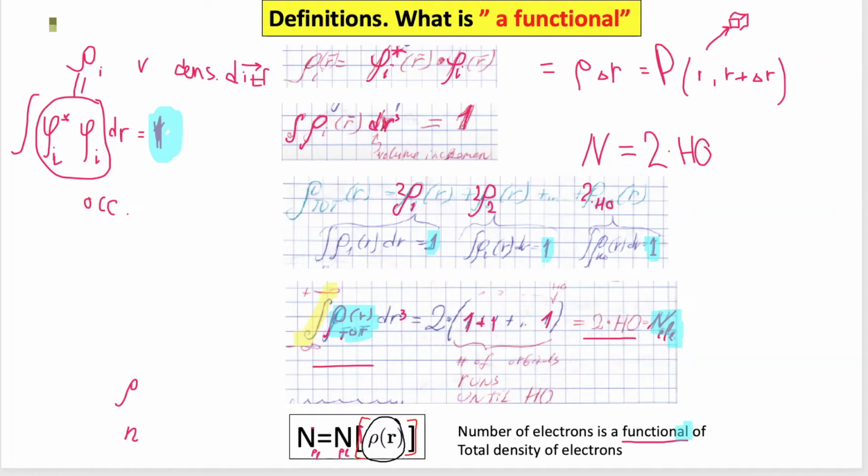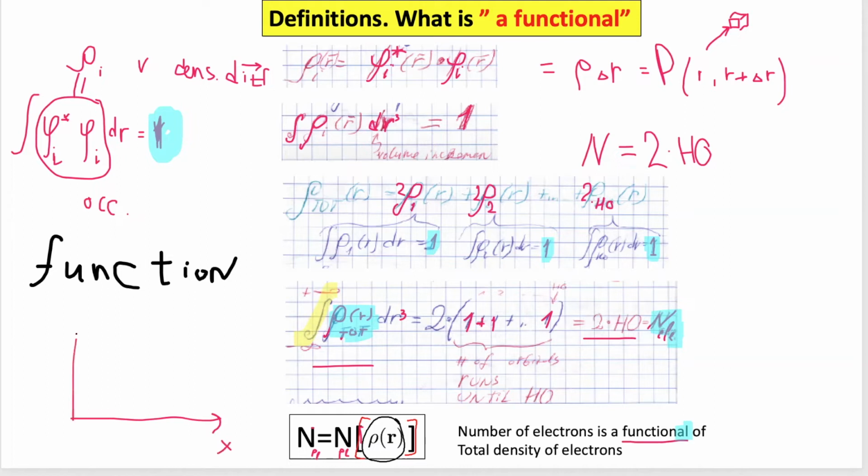In regular calculus, when we use the concept of a function, for example when we analyze experimental data and use Excel tables, we typically have x and y. We have an argument and a function. For each value of the argument, which is a number, we have a corresponding value of the function.